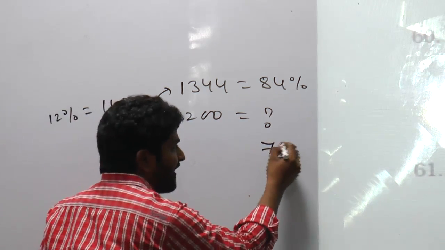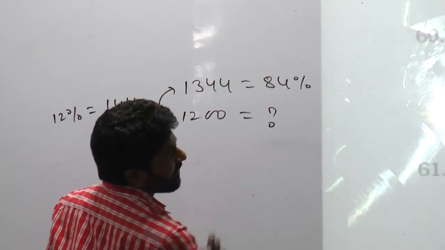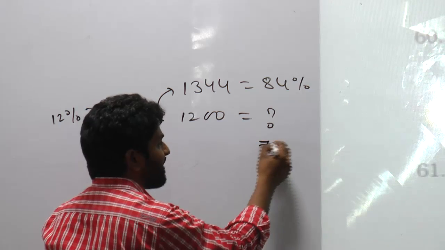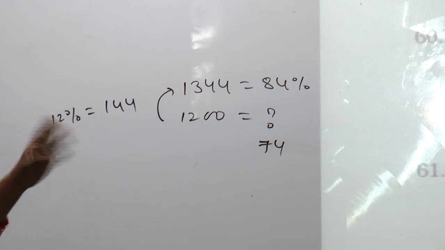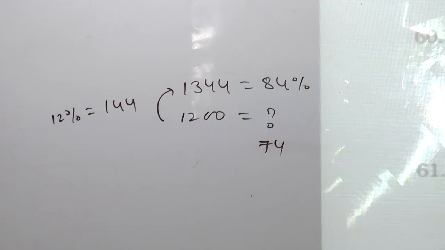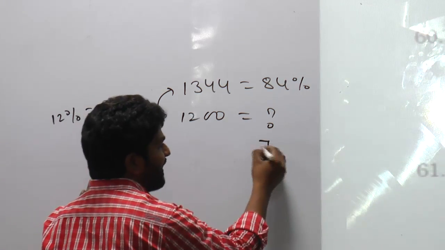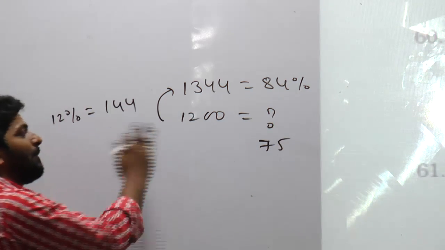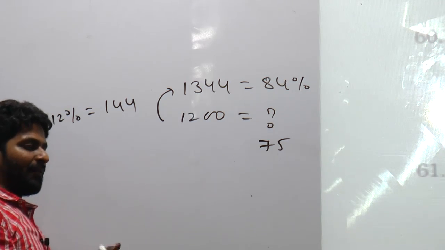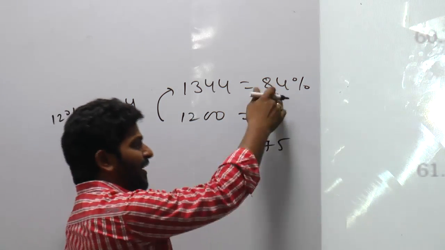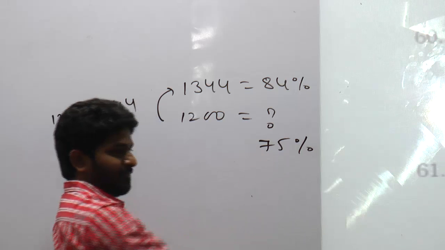If it is 70, no, not 70. Let me take 74. 10%, 7.4. No. Answer should be none of this. If you have 75 here, 12% of 75 or 75% of 12. Half and half, 9. 75 plus 9, 84. Answer is 75%.